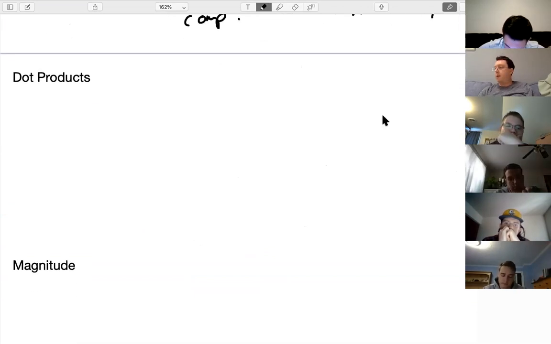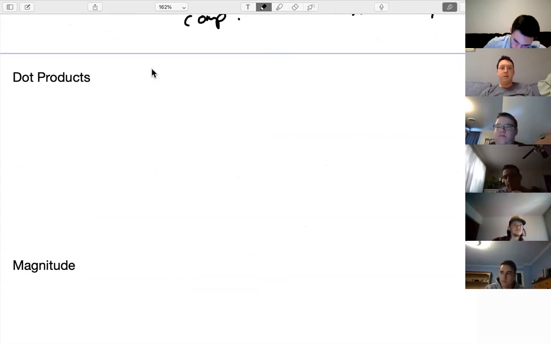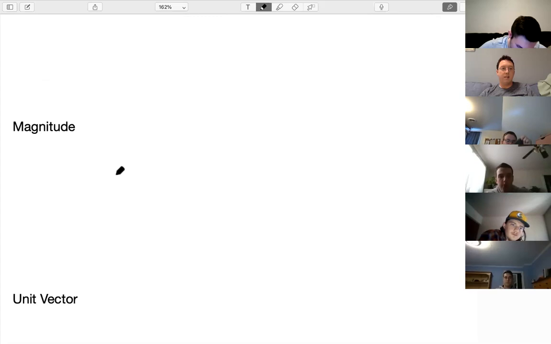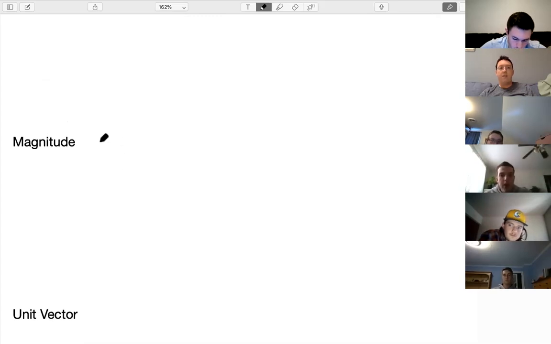What about dot products? I have two vectors, A and, I guess I have these backwards. Let's skip that for a second. How do you find the magnitude of a vector?